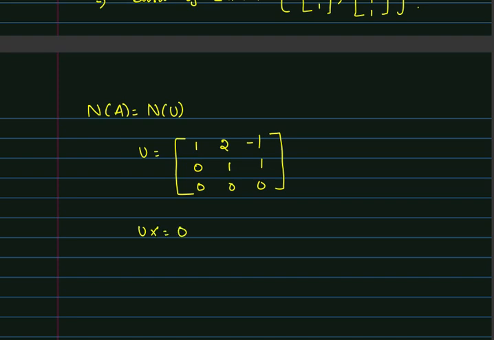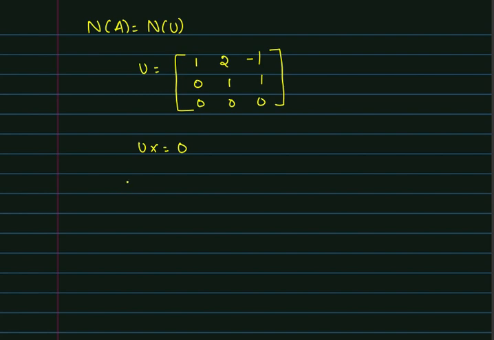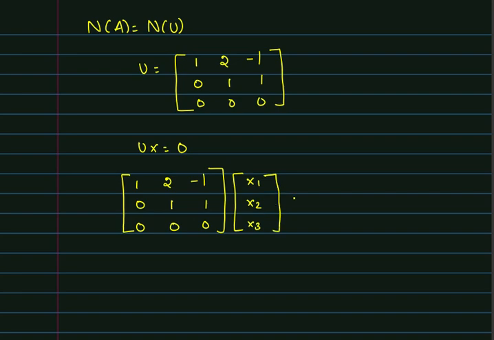The null space of U is given by UX equal to 0. So we want to find what X is. So 1, 2, minus 1; 0, 1, 1; 0, 0, 0, multiplied by the input with three components x1, x2, x3, equals 0, 0, 0.